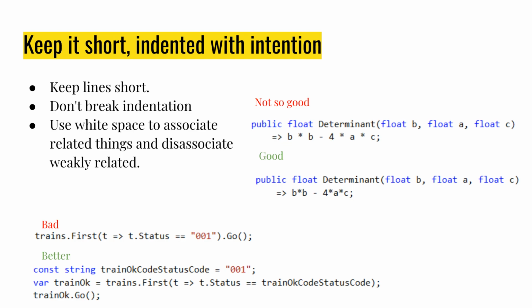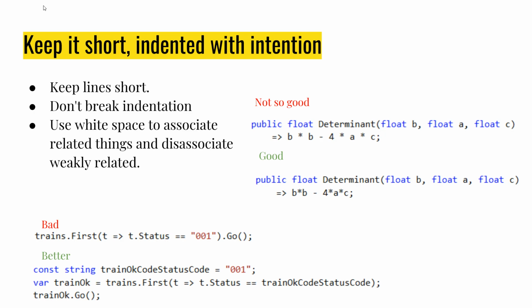And the law of Demeter says that you should tell and not ask. And by telling, not asking, reduces length of a line and makes it more readable as well. It also encapsulates better. But anyways, the point here is that we have trains.